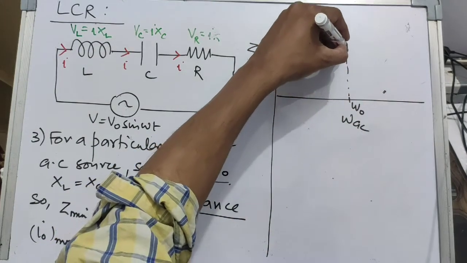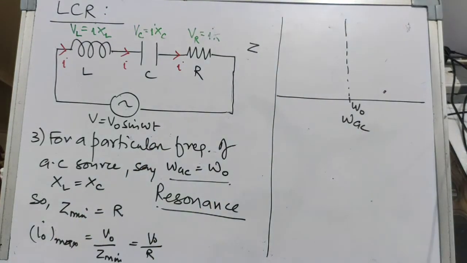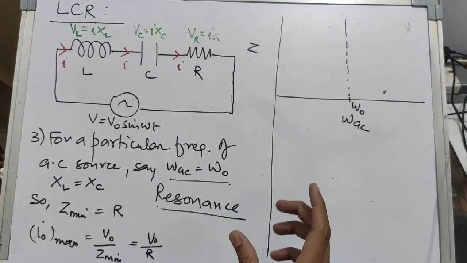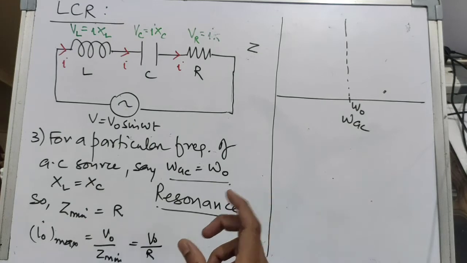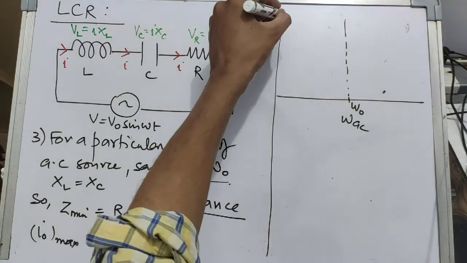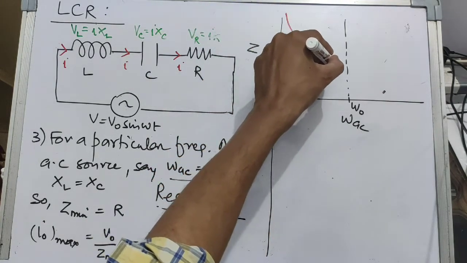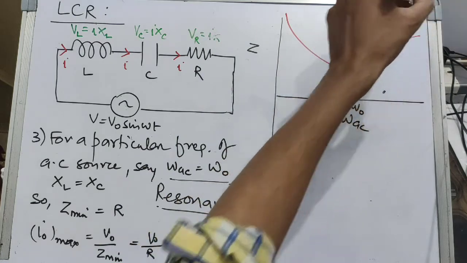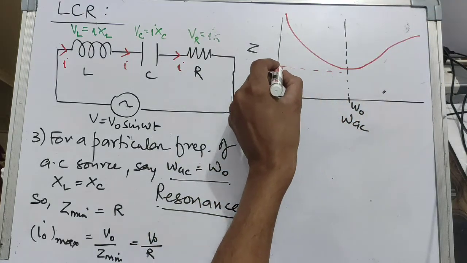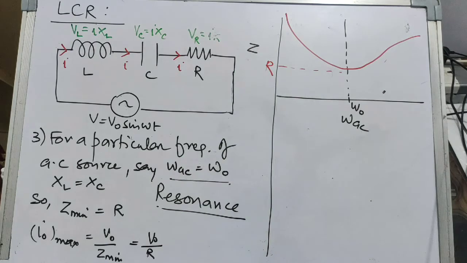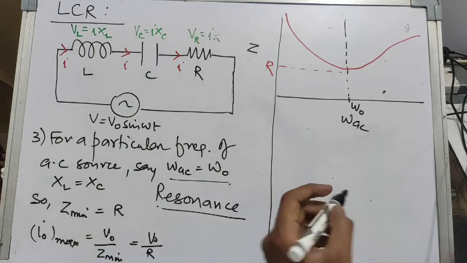We know that as we increase the frequency, Z will decrease, and at the resonant frequency Z is minimum, equal to R. So that's the graph of impedance versus the frequency of the AC source.